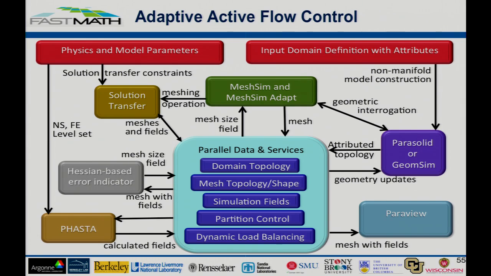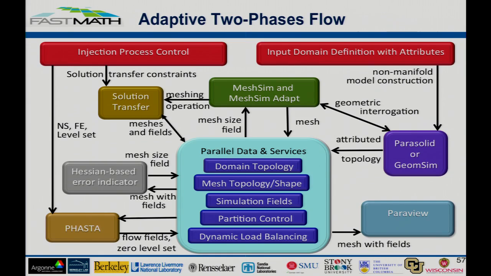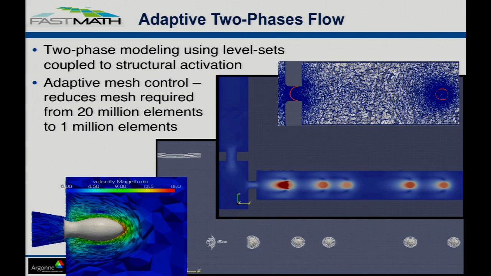Error estimation with anisotropic mesh adaptivity, and we're doing problems such as this with adaptive boundary layers. You saw a couple of examples of that type previously. The same analysis code for dealing with two-phase flows, where now with the level set, we're adapting not only based on the discretization error, but based on the level set to follow the injection of fluid through a gas.